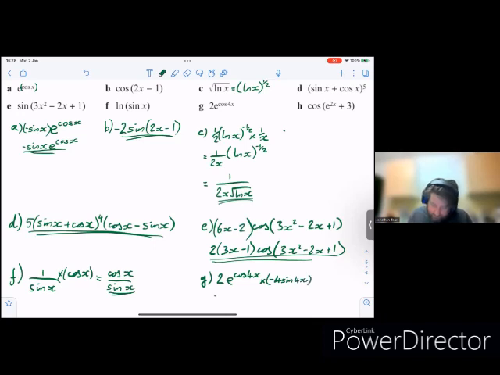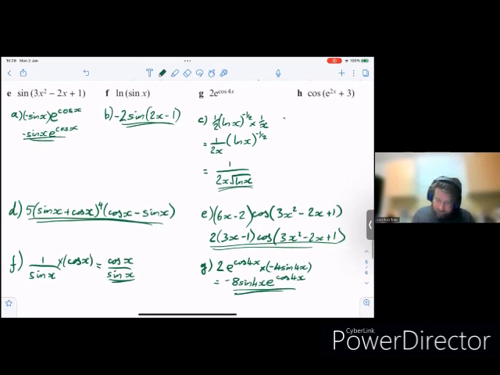And tidy that up a little bit, we get minus 8 sine 4x e to the cos 4x. And that was sine 4x, wasn't it? Not sine x.